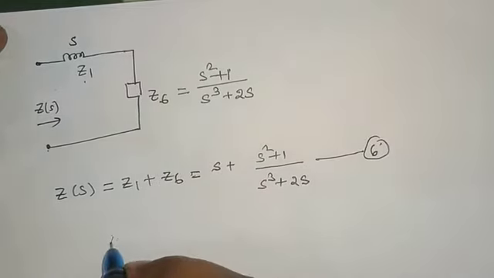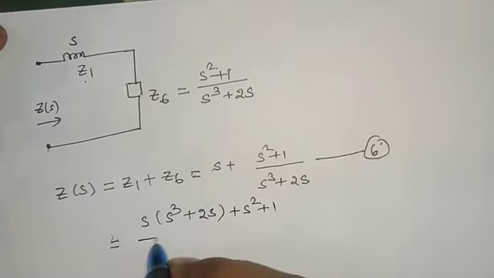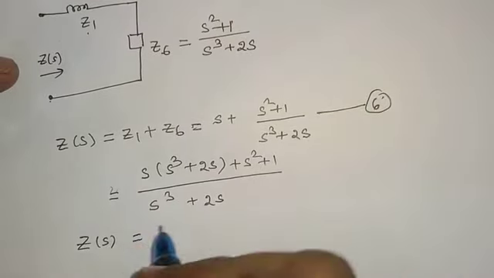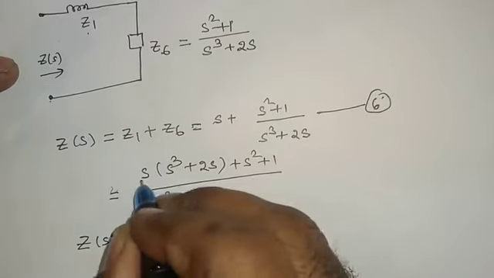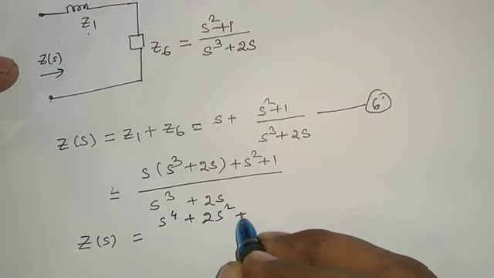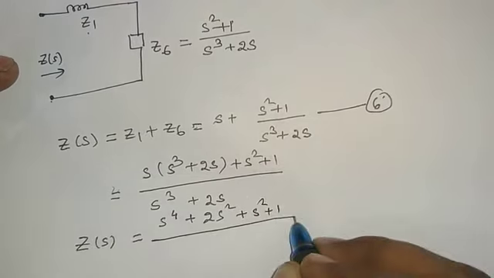Now, after solving, the value of driving point function Zs is equal to S to the power 4 plus 2S square plus S square plus 1 divided by S cube plus 2S.